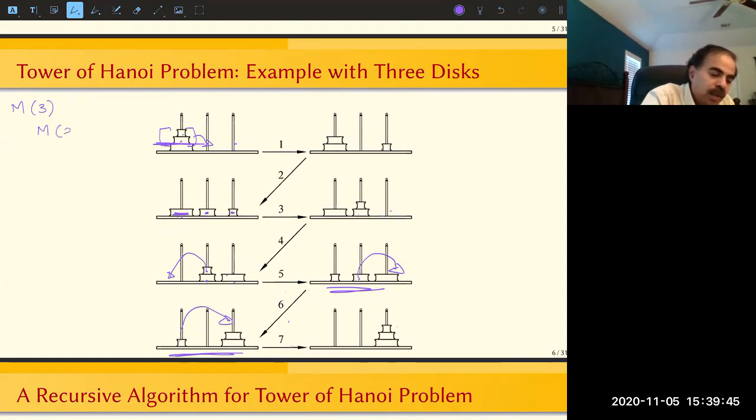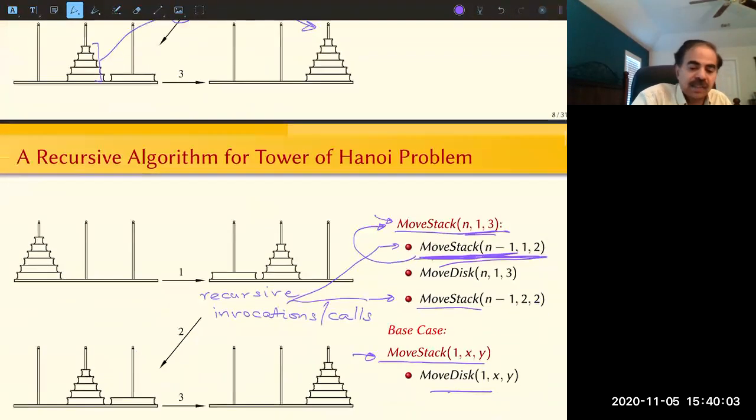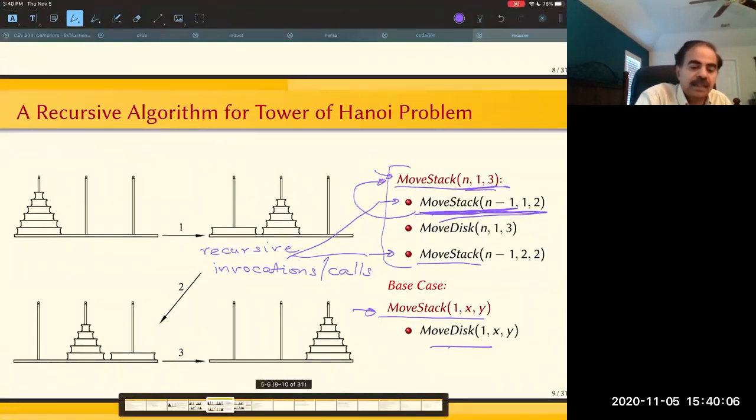I need to do move of 2, and then move the third disk, and then I'm going to do move of 2. So notice that I've just copied this algorithm over there, so that it's easier to follow exactly how I'm carrying out the steps one by one. The move stack has 3 steps.